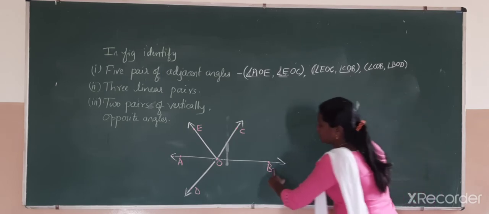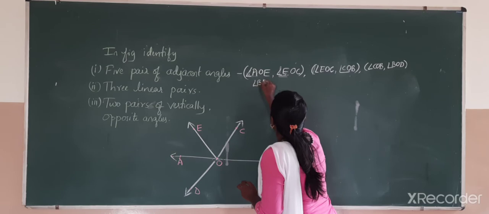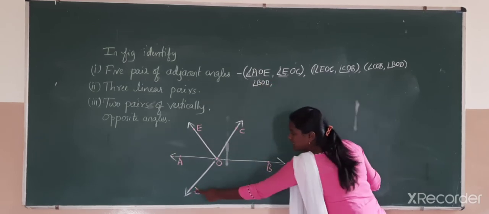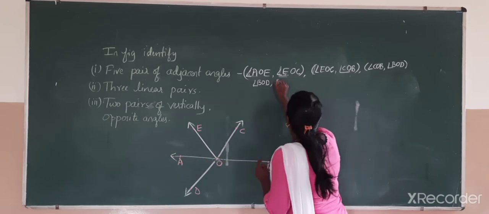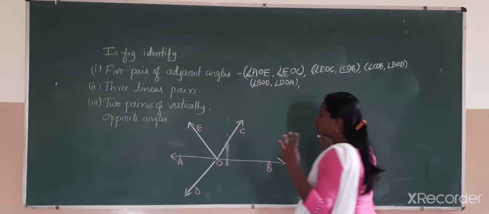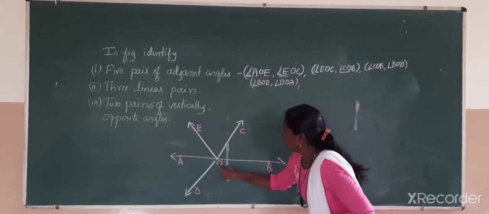Right? So 3 over, then BOD, angle BOD. Next one is DOA. 4 over, 1 more. BOD, DOA.